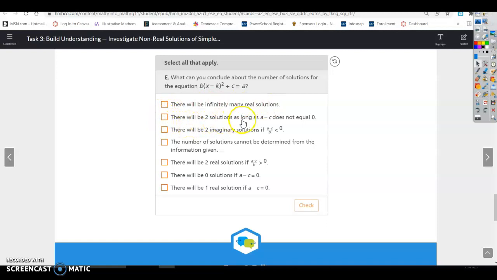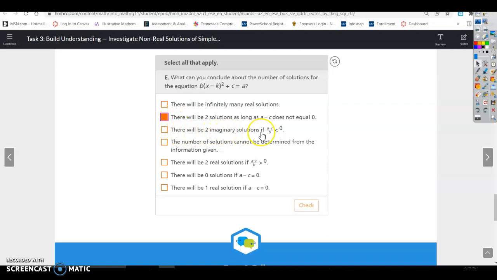There will be two solutions as long as A minus C does not equal 0. Okay, so that will be true because if I subtract C, A minus C, as long as that number is not 0, even though I still have to divide by B, we know there are going to be two solutions. We don't know yet whether they're going to be imaginary or real, but we do know there will be two solutions.